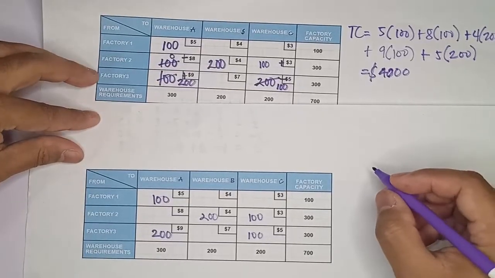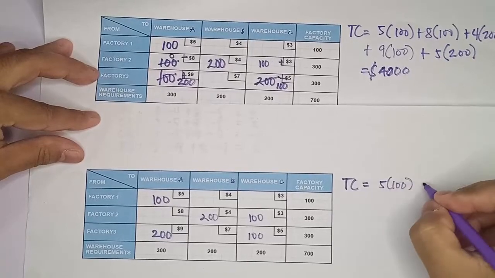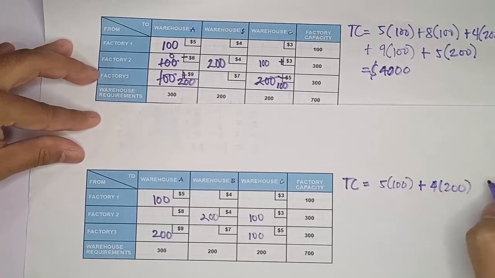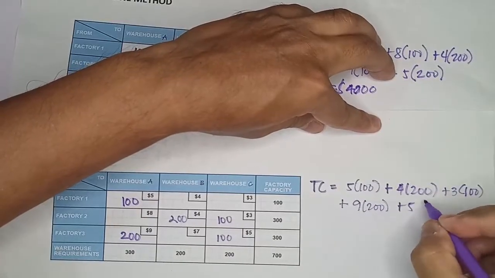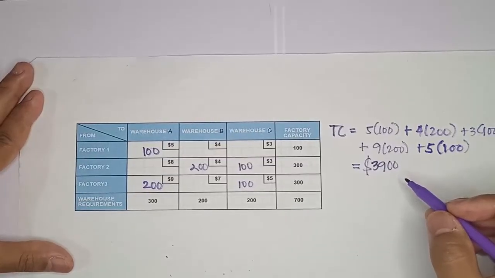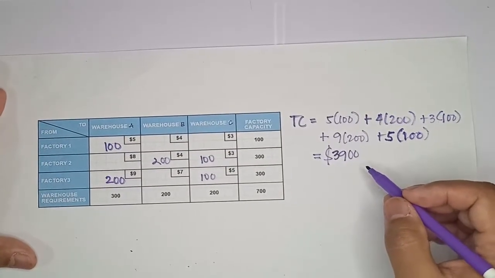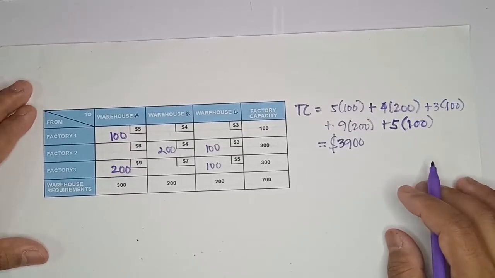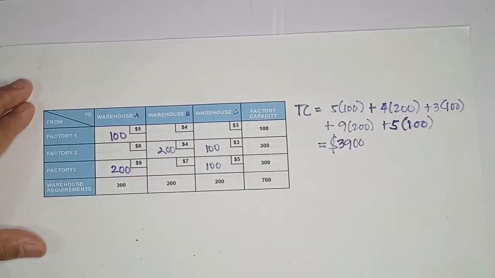And the transportation cost for this tableau is equal to 3,900. And again, we're going to check if this tableau is optimal.